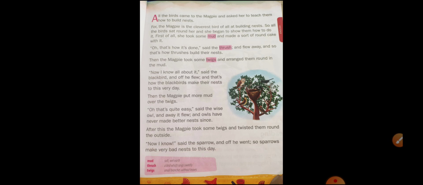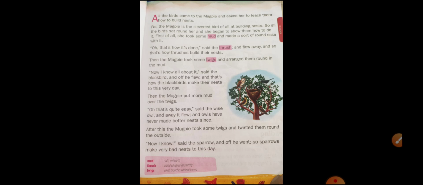Every bird took away some knowledge of how to build a nest, and that is why different birds build their nests differently. The magpie is the cleverest bird at building a nest. We have learned this in this chapter.